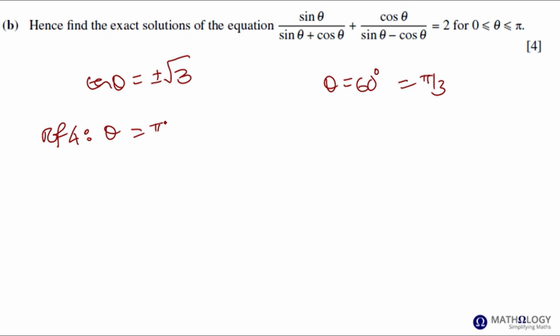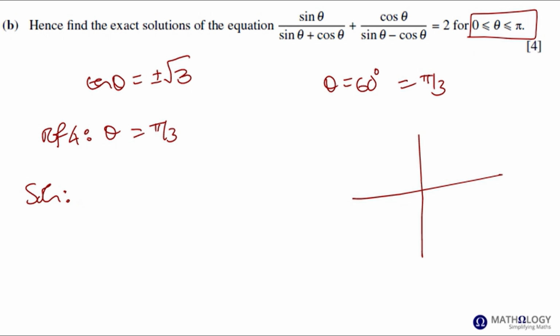So the reference angle is pi by 3 because we have a domain here, we have a restriction, right? But we're first going to list all 4 solutions and then invalidate the ones that do not apply. So theta will be pi by 3, that's in quadrant 1. Quadrant 2 will be pi minus pi by 3, which is 2 pi by 3.